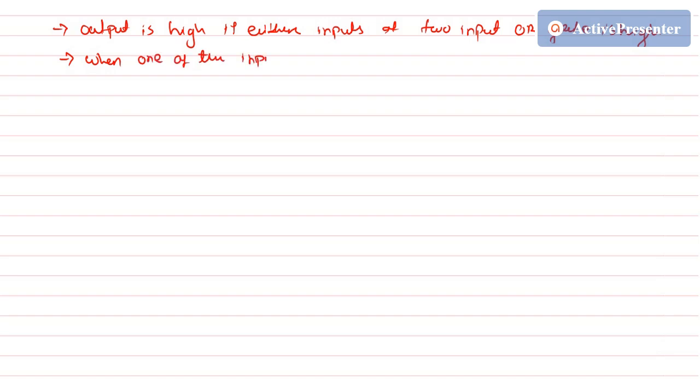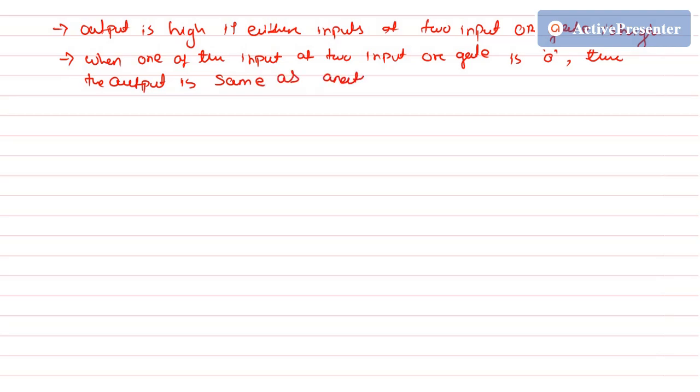When one of the inputs of a two input OR gate is 0, then the output is the same as the other input.